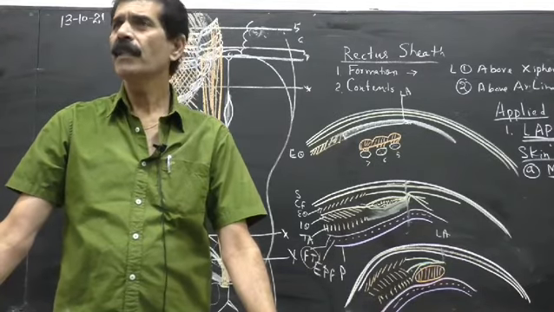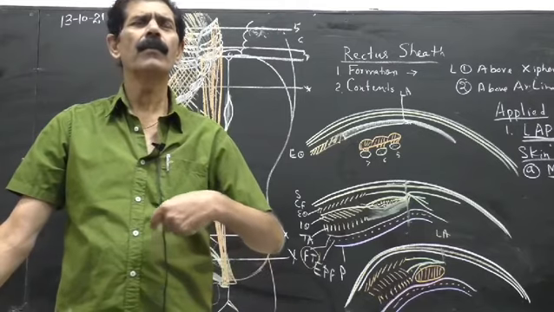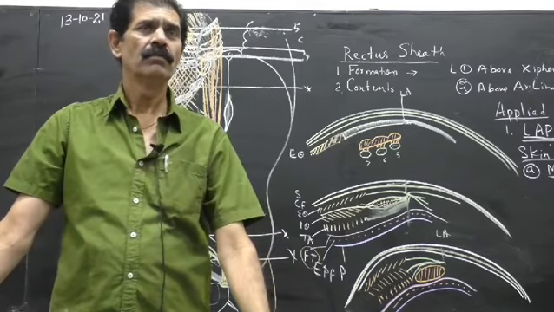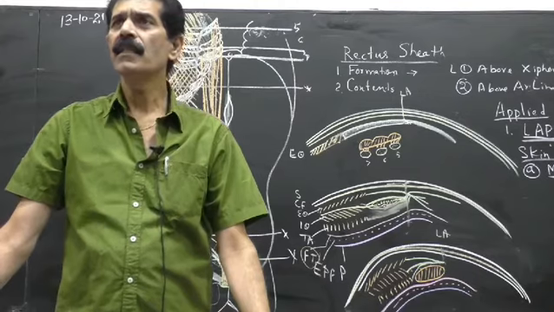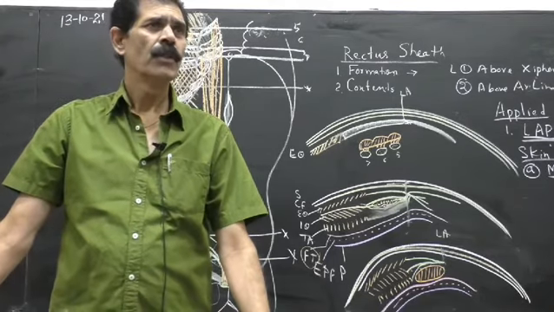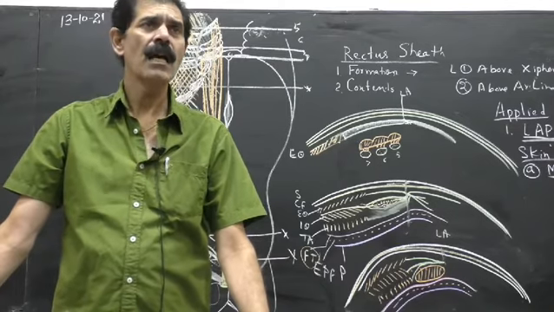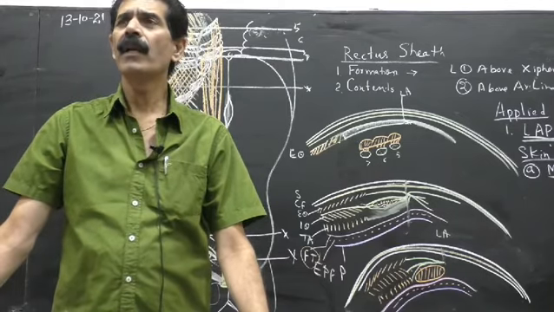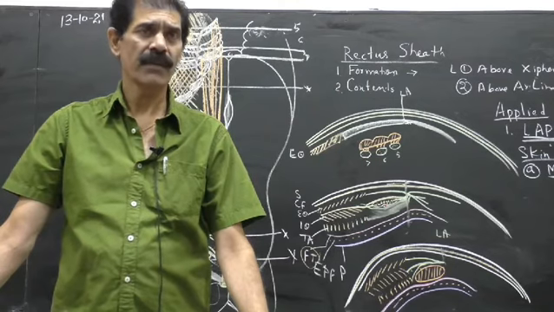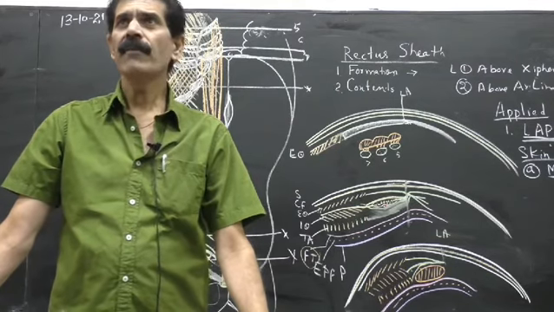So there is a gap in the linea alba, and any organ in the abdomen can come out. That is called incisional hernia. So patients will come with post-operative incisional hernia, which is very, very common if midline incisions are given above the umbilicus. But sometimes we have to give them.